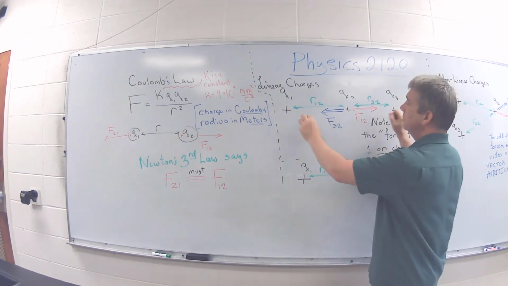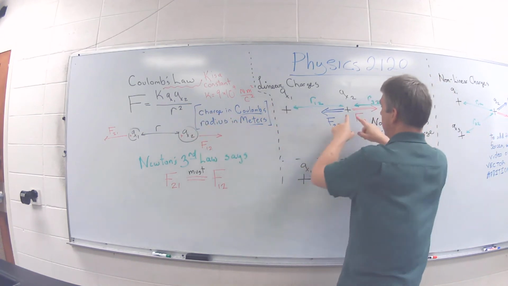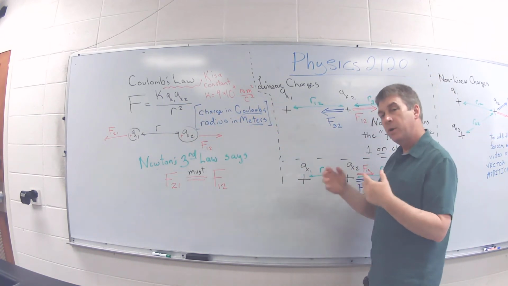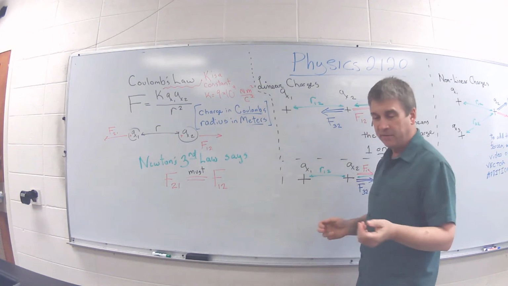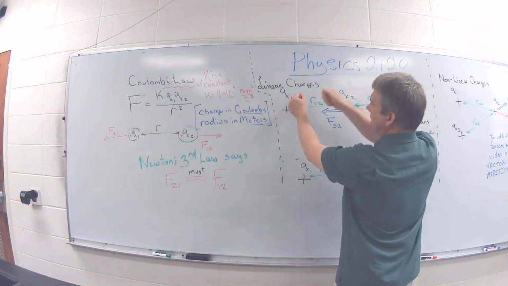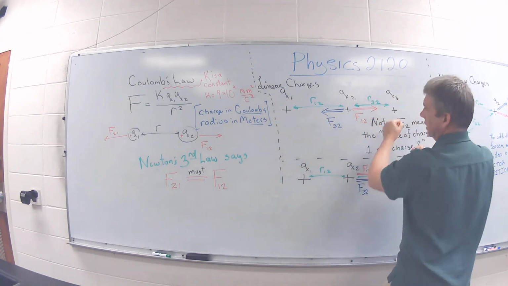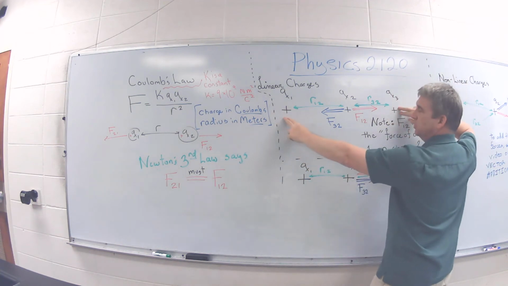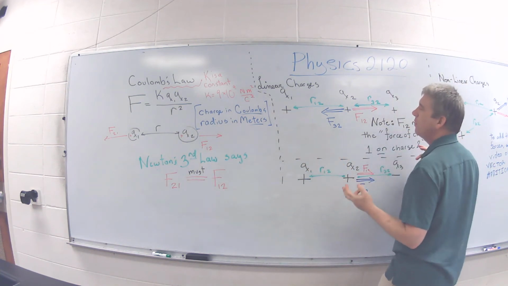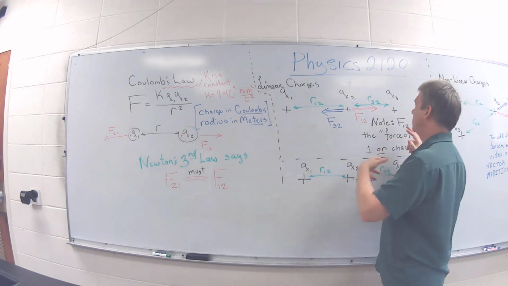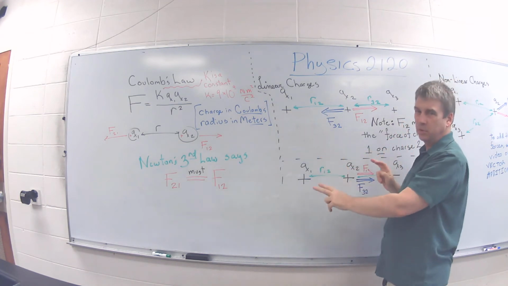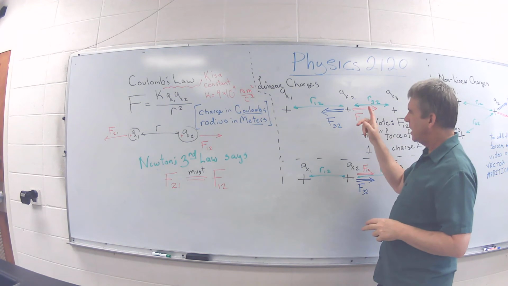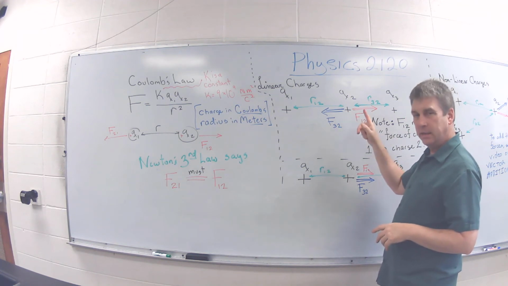If we let them loose, these two would fly off this way and this one might sit in the middle. But we're going to play a game. We're going to pretend like I've got a hammer and just bang, bang, bang, and I'm going to nail these two down. So I'm really not worried about what forces are on these because these aren't going to move. I want to know what kind of forces will be on the one in the middle.